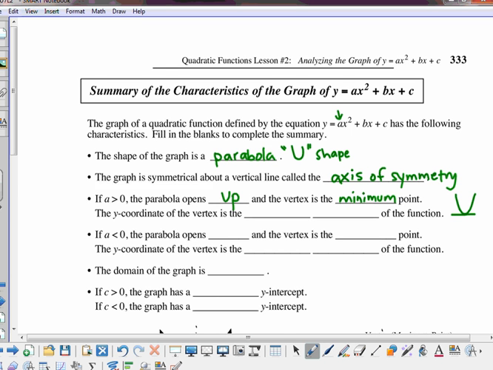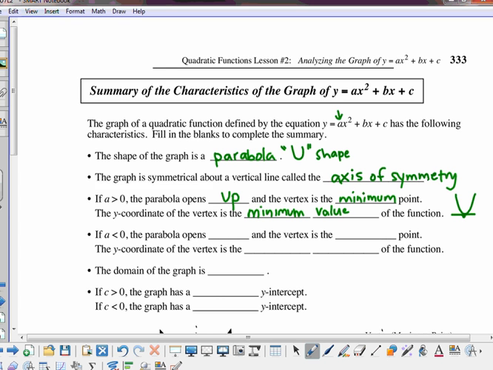The y coordinate of the vertex is the blank of the function. Minimum is the word I was trying to say. It's a minimum value.